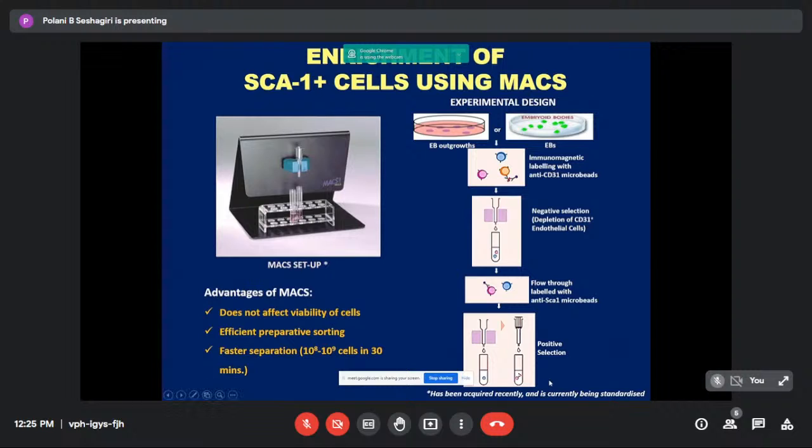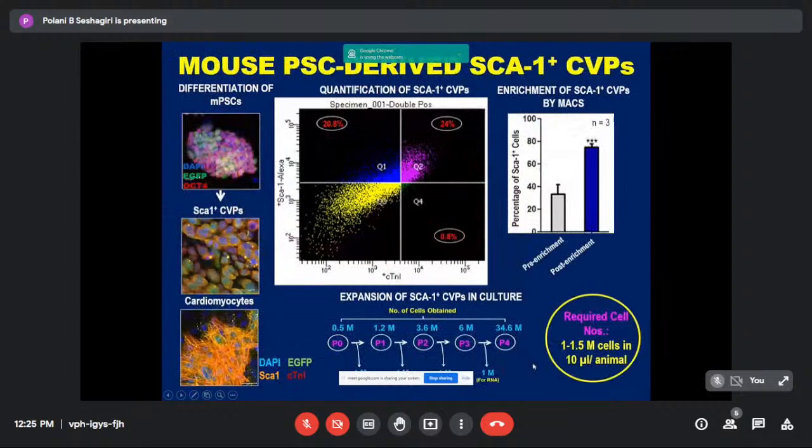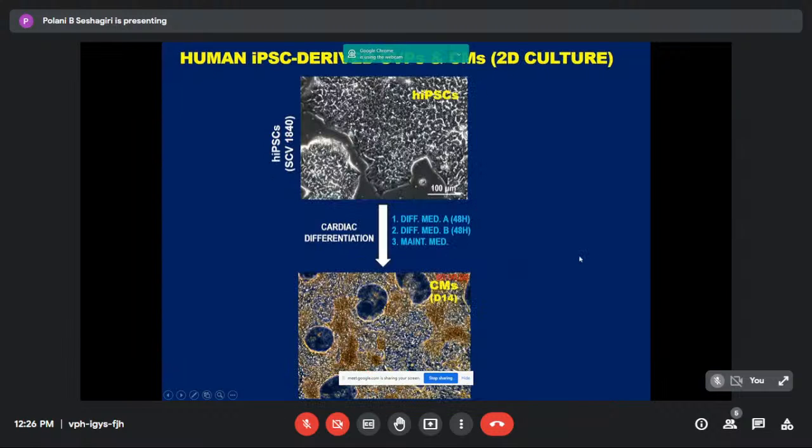So in that way, you can just produce those and enrich them. So there's a method of enrichment and there is a method of expansion of the same cells. I'm showing here from 0.5 million to 1.2 to 3.6 to 34.6 million. That way you can just expand, and there is a method to do this. So this is the pre-enrichment proportion and this is the post-enrichment proportion.